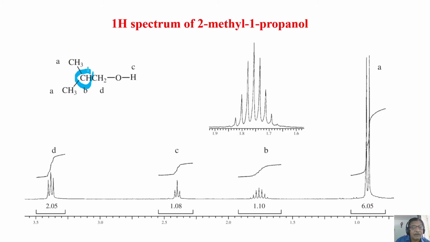First it is going to split because of this into quartets and then again by a triplet. So a complex multiplicity pattern you are going to see. Look at this one, and that complex multiplicity pattern is somewhere here. So this must be the CH proton. Very good. We can analyze that easily now.